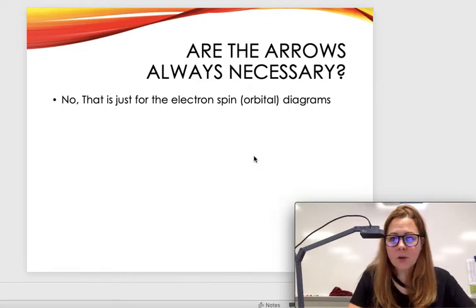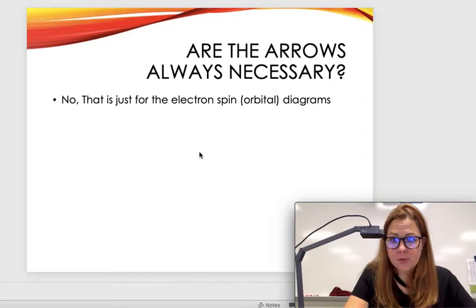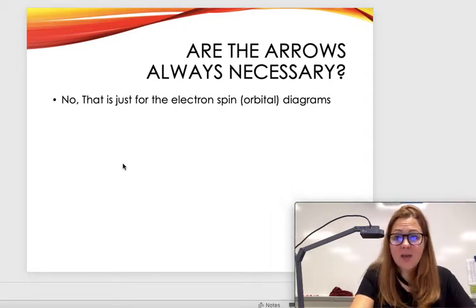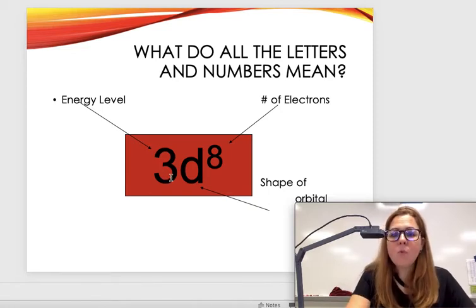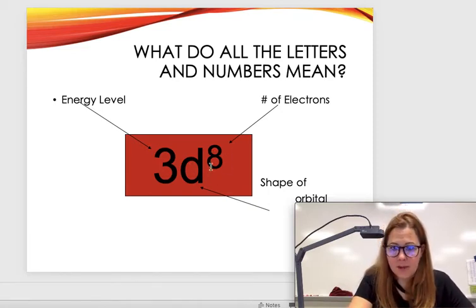In order to bring it down a notch, instead of showing all the electron spins, all the different arrows, we're going to leave those out. And instead of saying we have 8 electrons in the 3D orbital, we're just going to write the number 8.